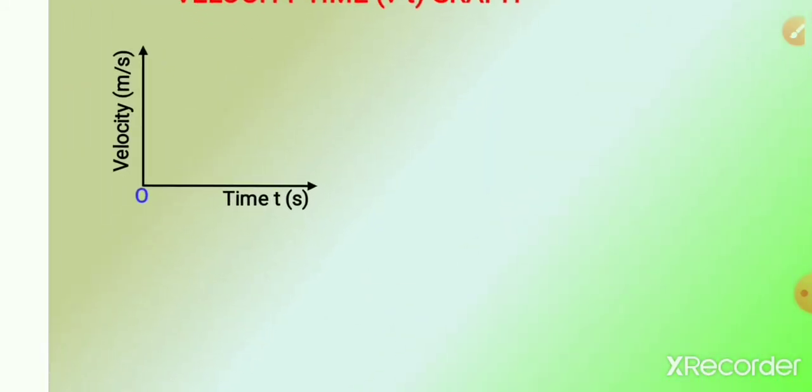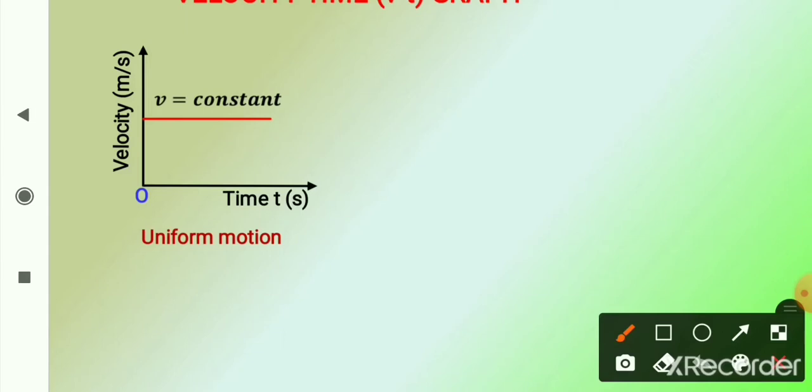Now velocity time graph. You have to learn to read the graphs. So here look at it. Here the velocity is constant. Just see, at time t is equal to 0, supposing the velocity is say 5 meter per second.